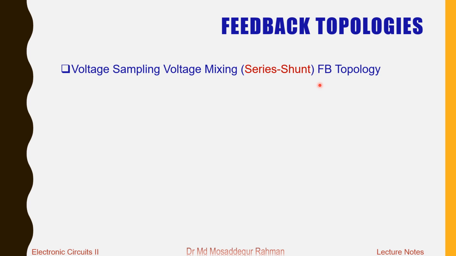In this feedback topology, voltage is sampled at the output and the feedback network produces a voltage signal at the input side which is mixed with the signal voltage. So both at the output and the input side the signal is in the form of voltage, and it's also known as the series shunt feedback topology, which indicates the type of connection at the input and the output side.